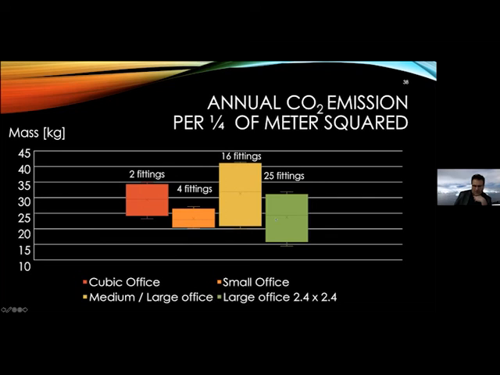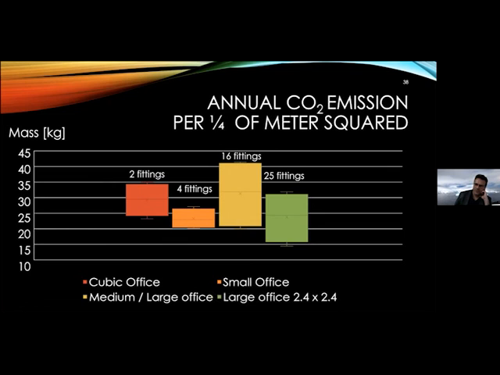But then an interesting fact, you see, look into these 2 on the right, the green one and the yellow one. They're all coming from approximately the same office, or exactly the same office space. But the green bar was made from models where we got spacing of 2.4 meters.